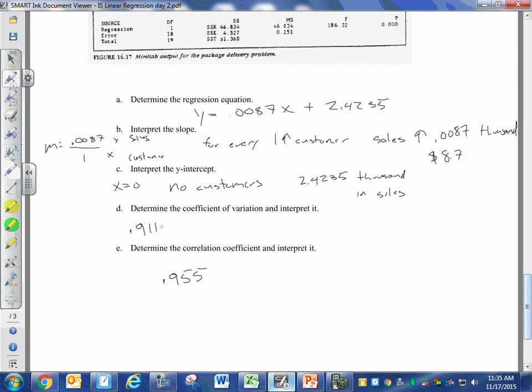Sorry, 0.9119. Correlation coefficient tells you your strong positive linear relationship. 0.9119 would be 91.2% of our variation in sales, which is our Y, determined by our variation in X.